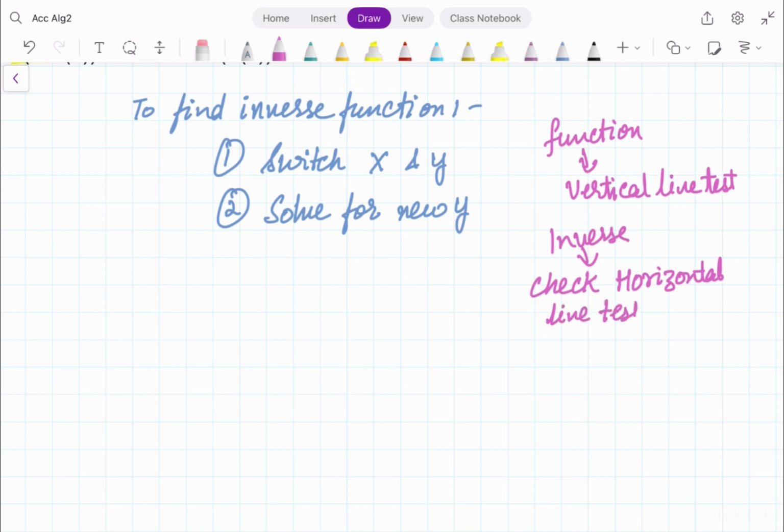So the vertical line test, it satisfies. But for having an inverse, it needs to satisfy two conditions, horizontal line test and one-to-one function. Right? So don't get confused about the vertical line test or horizontal line test. Vertical line test is a prerequisite for a function to be a function. Okay. Let's take one example.